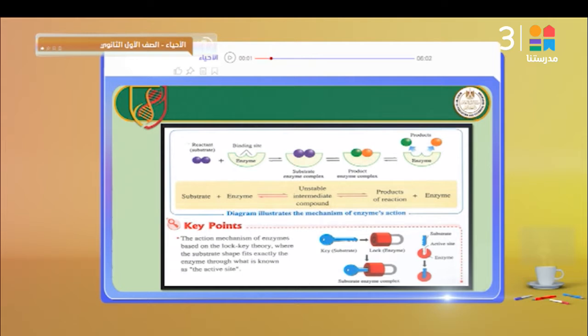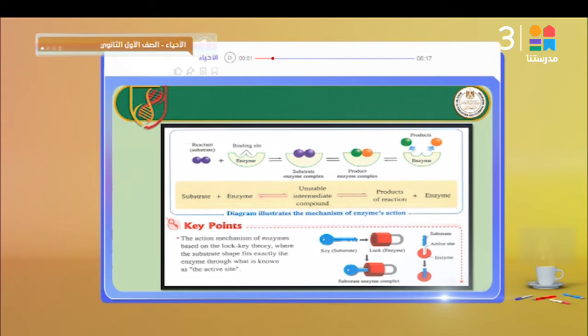We can differentiate between the enzymes, the substrate, and the products from these reactions. Substrate plus enzyme forms an unstable intermediate compound, producing products of the reaction plus enzyme. The enzyme does not affect the products; it only speeds up the chemical reaction without changing the products.